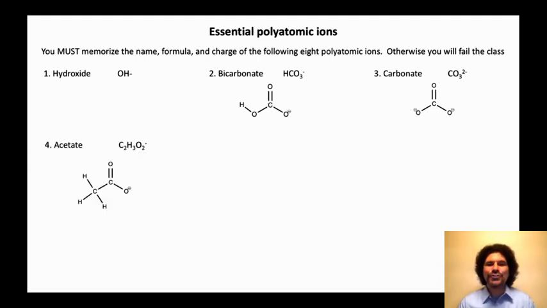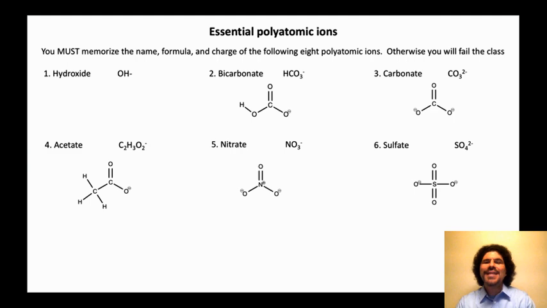Acetate I already introduced you to on the last slide. Another one that has a structure very similar to carbonate, except with a nitrogen as its central atom instead of a carbon, is nitrate, NO3 minus. It only has a net 1 minus charge. Next one is sulfate, so SO4 2 minus.